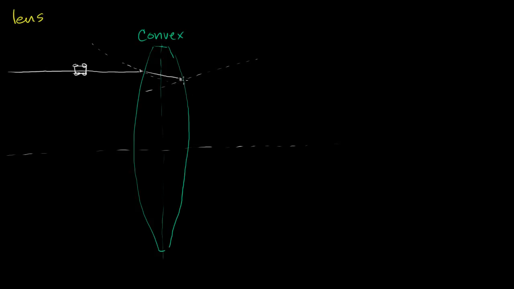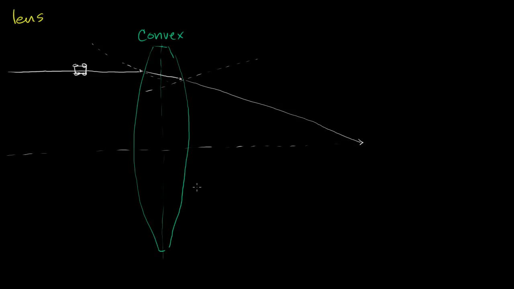And since the left side of these tires, or maybe the top tires, are going to come out first, they're going to be able to travel faster. And so you'll be deflected even more downwards. So it'll look something like this. And the light ray would do something like that.